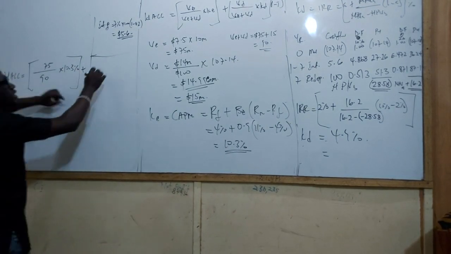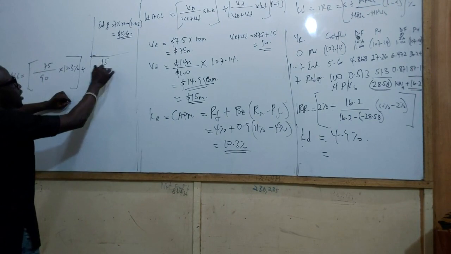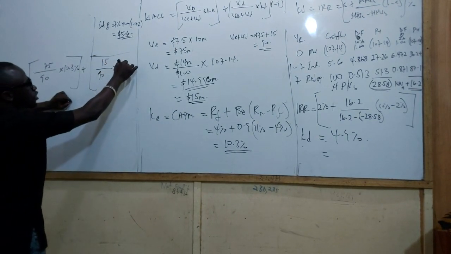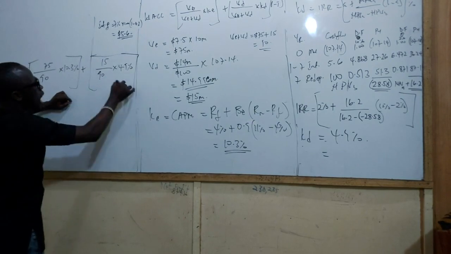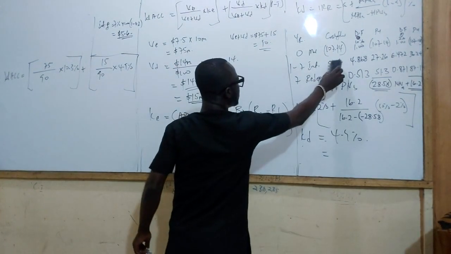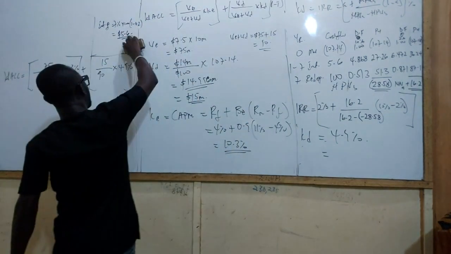What is VD? 15 over 90 times. What is KD? 4.9. Remember, I won't bring the tax. Why? Because I've already included it here. So I won't bring this tax in the formula.